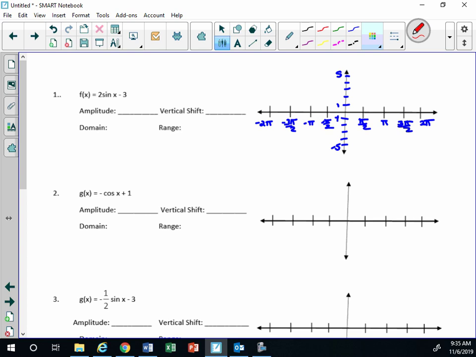Alright, let's see if we can do it. So, 0, 0. Then the next one, instead of being up at positive 1, where is it going to be? Positive 2, yeah. So I'm stretching by 2. Still not connecting those yet.